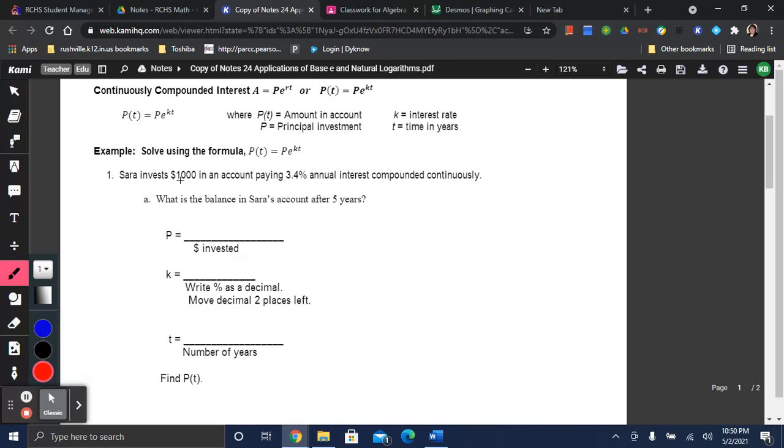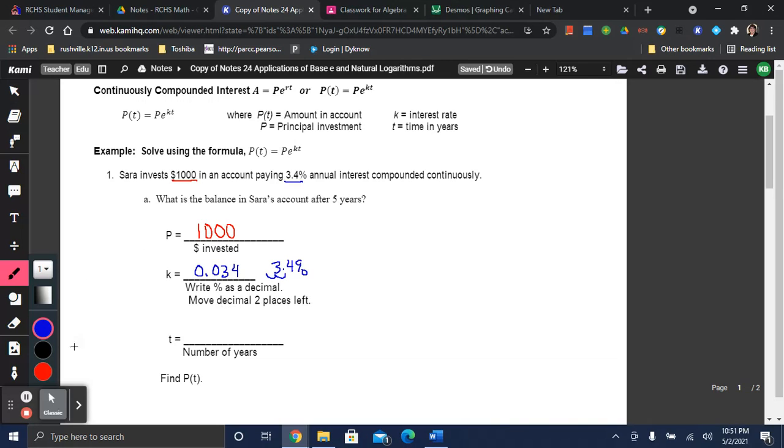The amount that we start with is $1,000. That would be P. P stands for the principal amount, so 1,000. Your k is your percent, but written as a decimal. So 3.4% would be converted to 0.034 as a decimal.